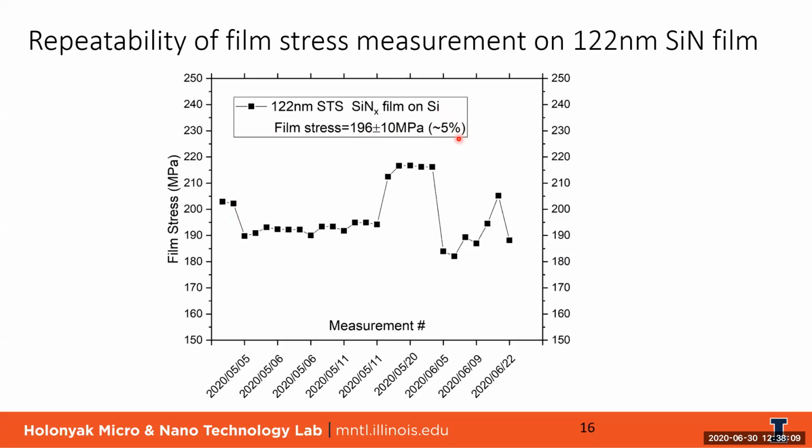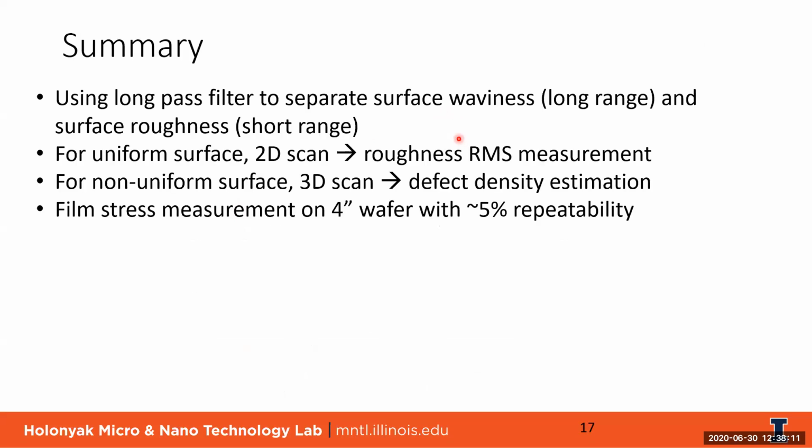With that, I will summarize. I showed you that by using a long pass filter, we can separate the wafer waviness, corresponding to the long range height variation, from the short range surface roughness. For a uniform surface, a 2D scan may be sufficient for RMS roughness measurement.